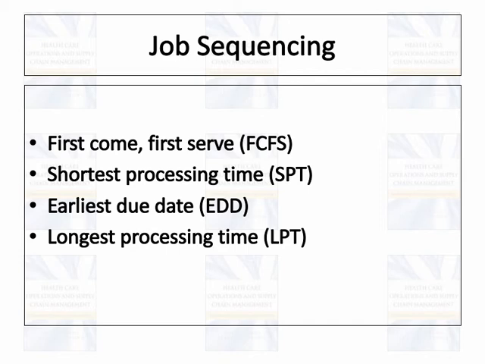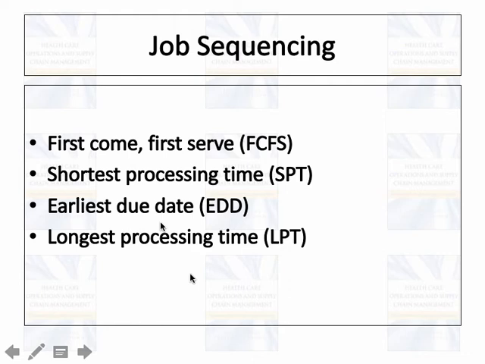Those patients that require little work, let's finish them and let them go. Or let us work on the longest processing time. Or the earliest due date. The earliest due date is most likely the one we're going to take care of, because those patients are critical. Does it make sense? If you have 4 patients and one of them is in critical condition, don't you want to take care of him first? So most likely we're going to have a combination, or basically the earliest due date.